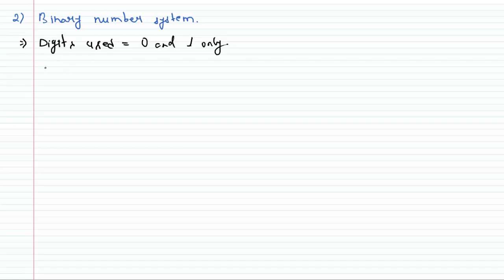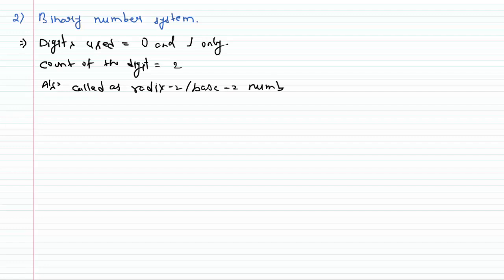The count of the digits is 2, so that's why we call it radix 2 or base 2 number system. Examples of numbers will be like 11011, 100011, and so on.